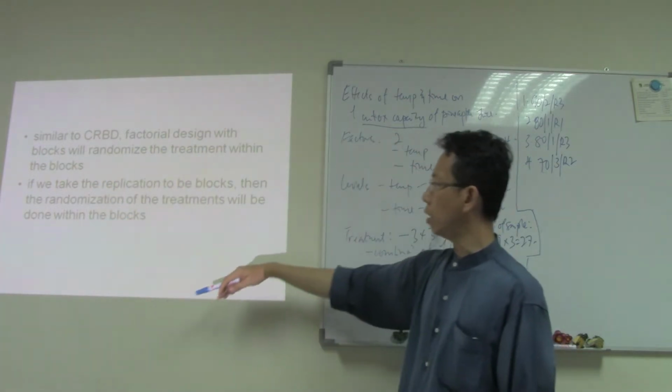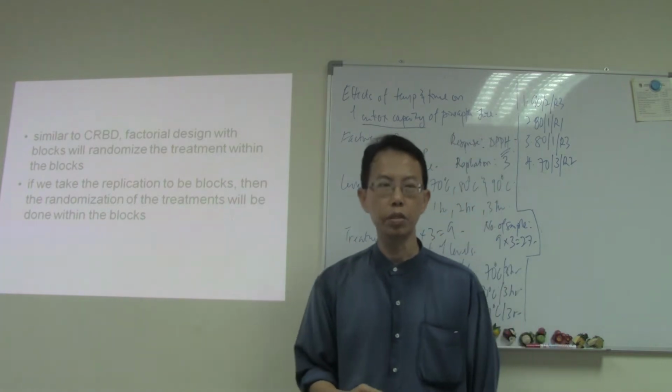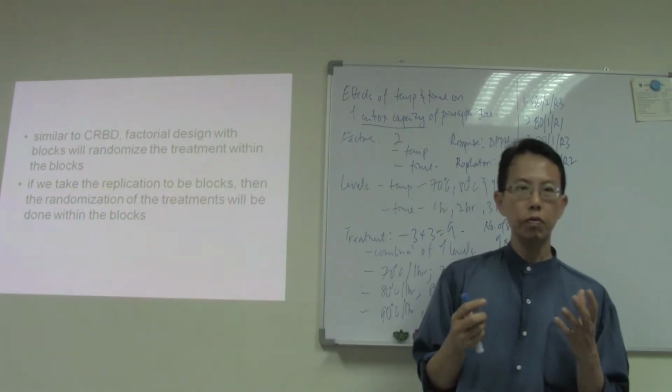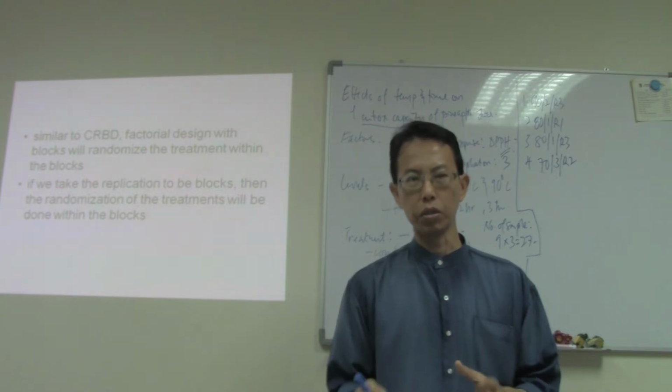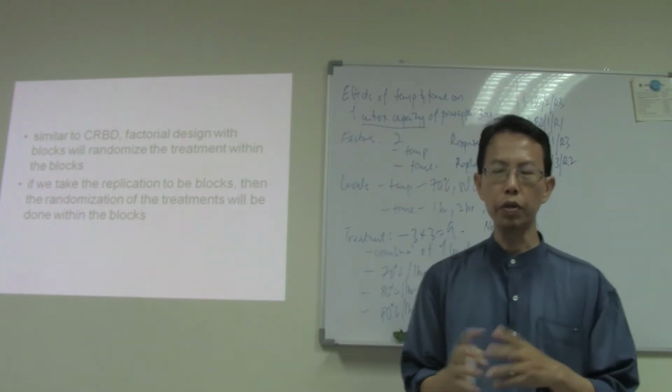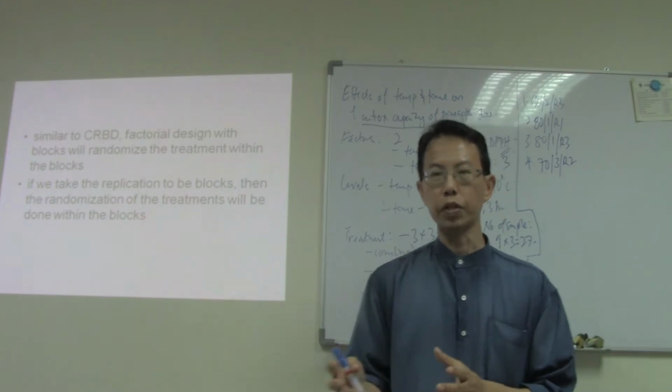And then usually for food science experiments, it is convenient for us to take the replications as the blocks. Because first of all, we will only have to deal with a fraction of the number of samples.